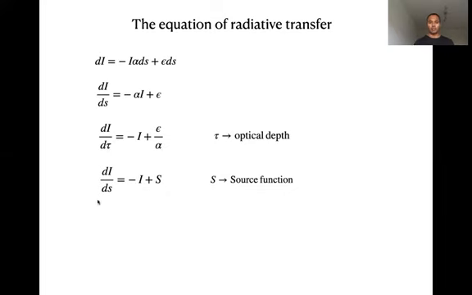They could be frequency dependent. I haven't explicitly written the arguments here, but just be aware that these things can depend on frequency. The properties of the medium can change with propagation distance. And that's basically how you account for absorption and emission, and how you put all of that together to get the equation for radiative transfer.